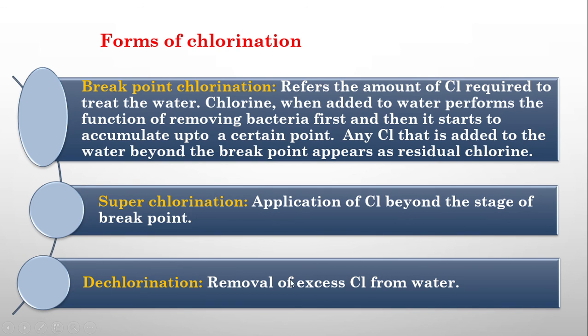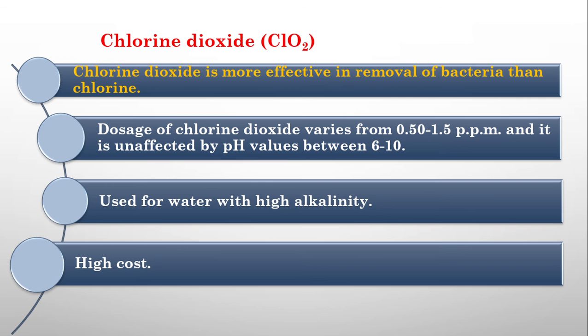And dechlorination means we are removing the chlorine from water. That process is known as dechlorination. So these are just the terms related to chlorination. And finally, there is one other product, chlorine dioxide. It is more effective in removal of bacteria than plain chlorine. So it is also a disinfectant.